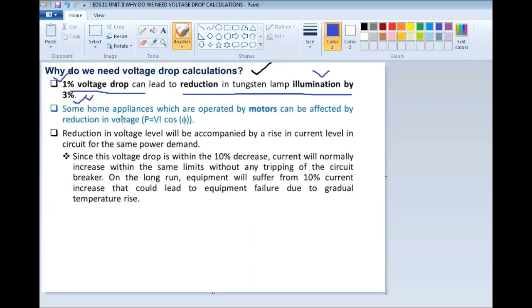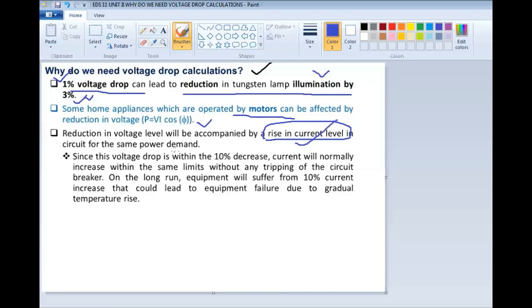Next, some home appliances which are operated by motors can be affected by reduction in the voltage levels, and a reduction in the voltage level will be accompanied by a rise in the current level.